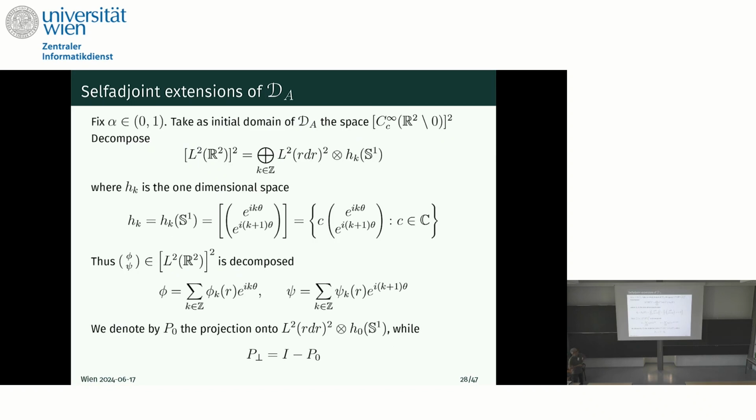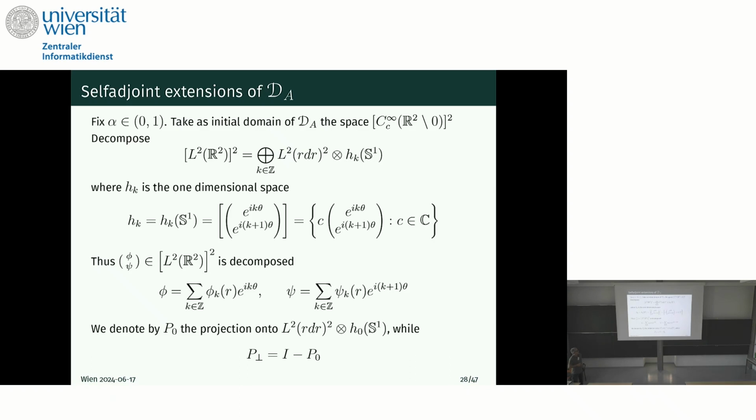Okay, so we analyze in detail the spectral properties of the A. Okay, this is the space, I mean the correct decomposition into spherical harmonics. So each of these spaces, this is the angular part, has this structure. It's a one-dimensional space.